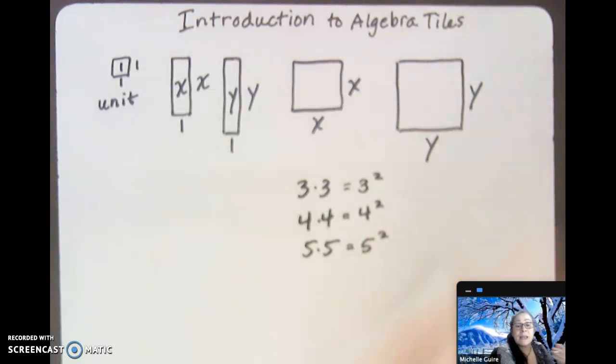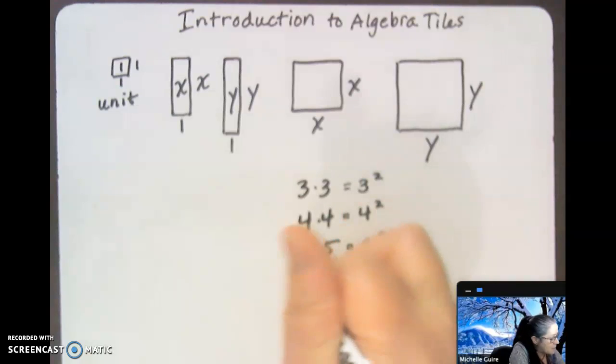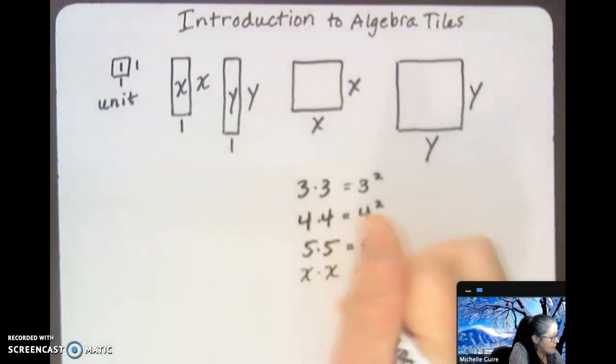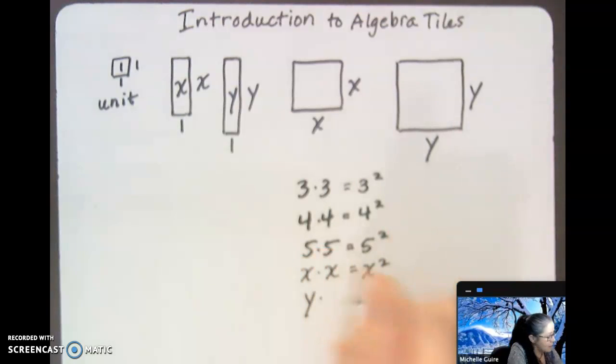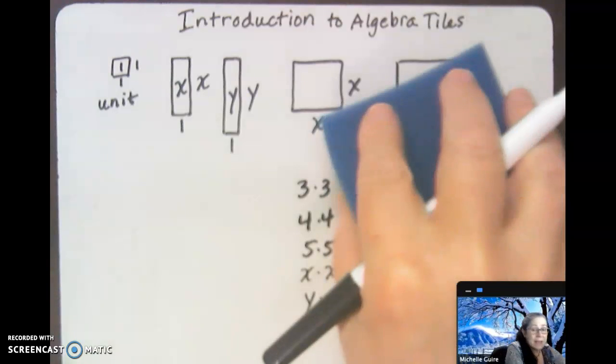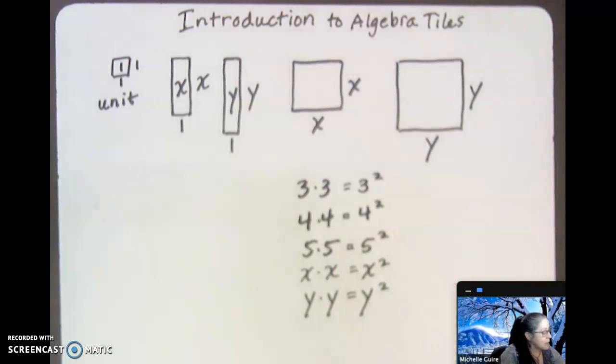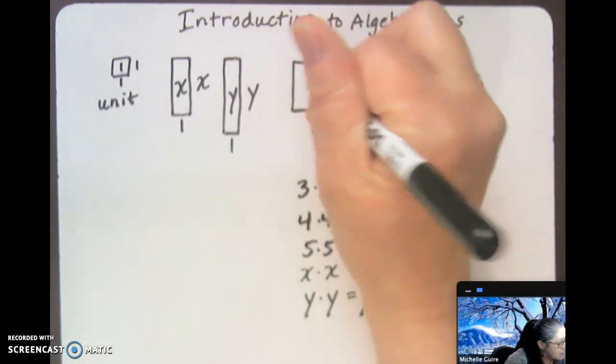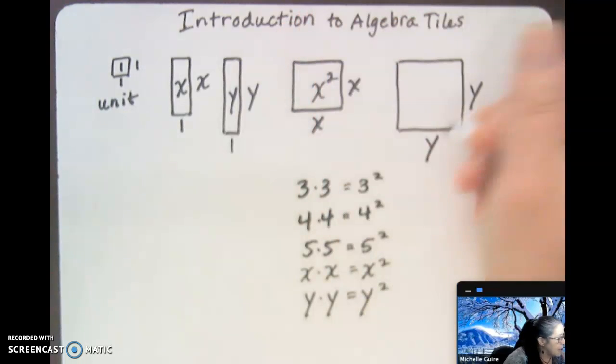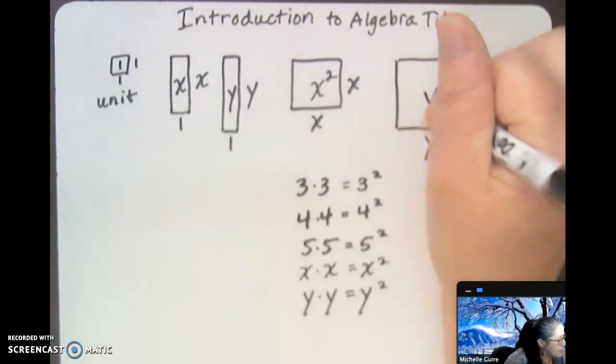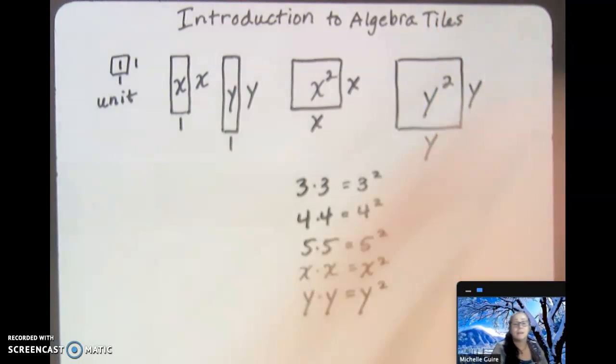And guess what? It works the same for variables. So if I have x times x, that's going to be x squared. And if I have y times y, that's going to be y squared. So I can go ahead and erase this now. And I know that base times height, or x times x, is going to be x squared tile. And y times y is going to be y squared tile.